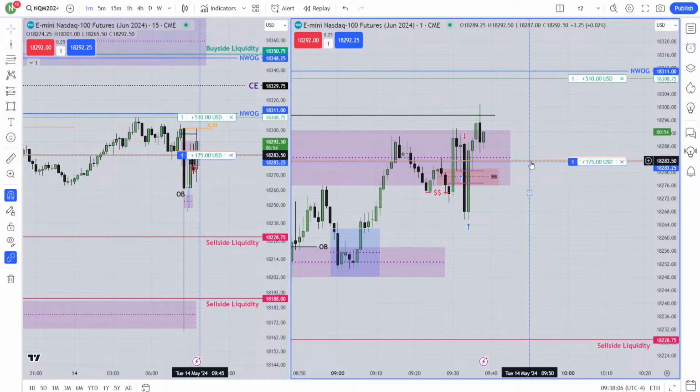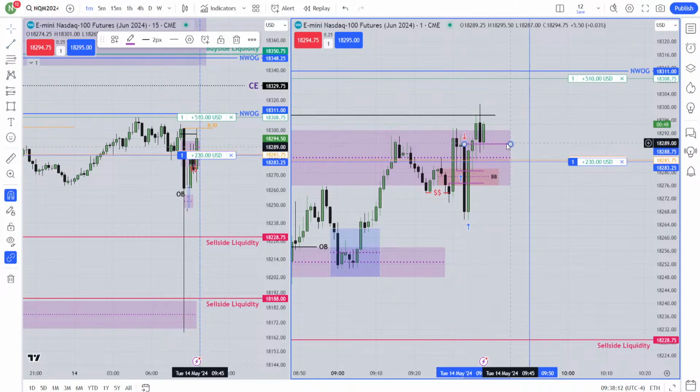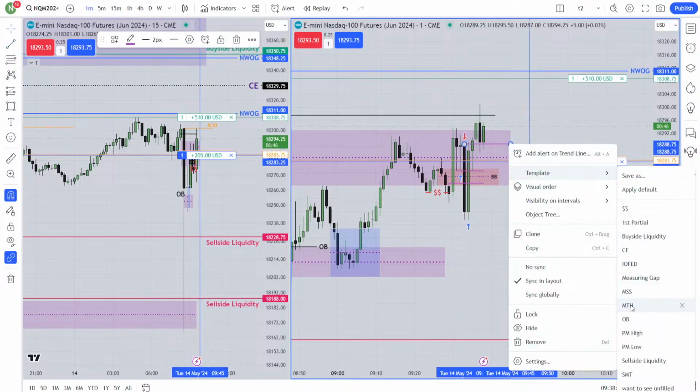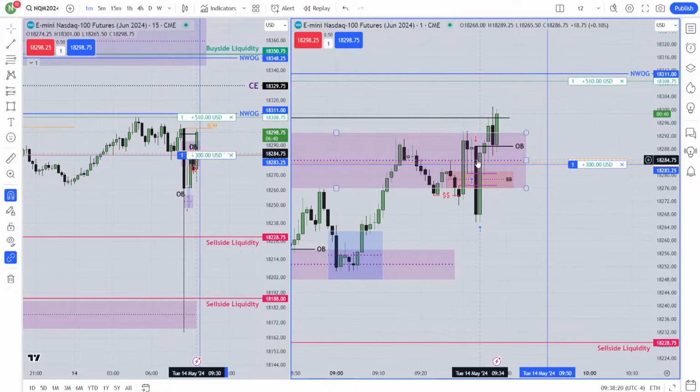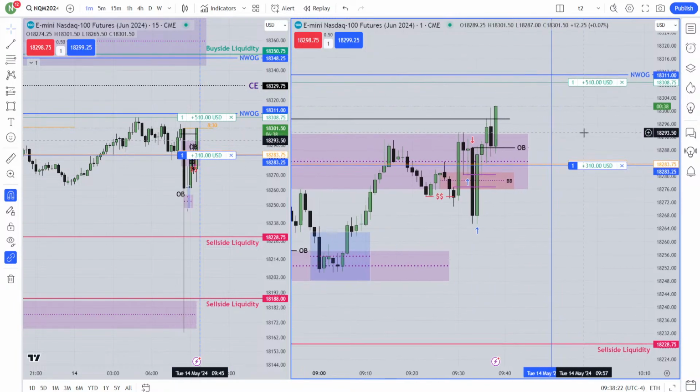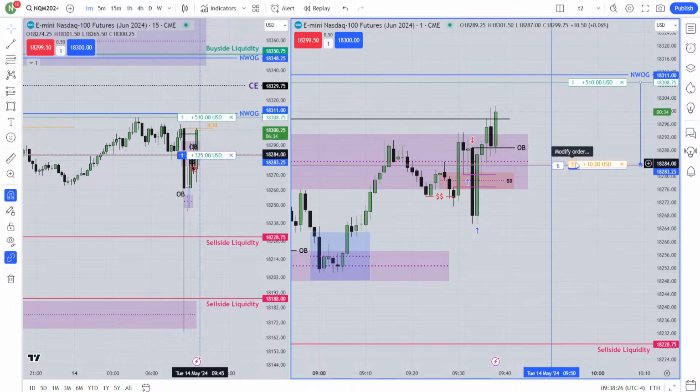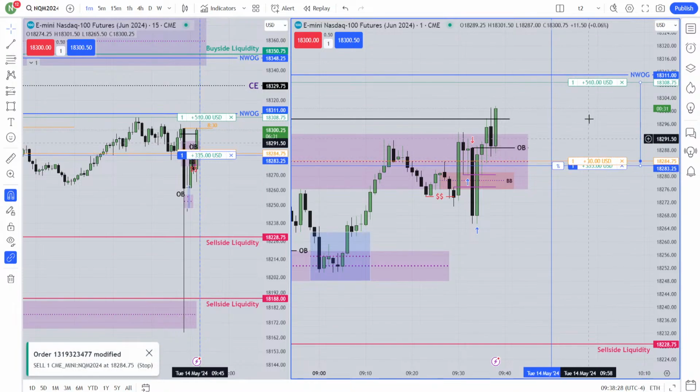Here I was just confident to put my stop loss over there because of this order block. Just look at that order block. I should have covered the mean threshold of that order block, but yeah, I'm not gonna do that. I will just put it to the break even. Maybe a little above the break even. A little above, okay, over there.